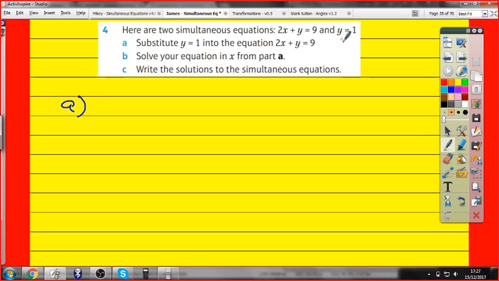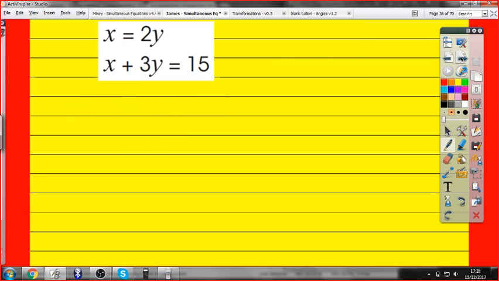Well, basically y is 1. Alright, so y is just 1. So it'll be 9 minus y equals 2x, so x will be 4. Yeah, that's it basically. X is 4, and they already told you that y is 1. Okay, how would you do this one?